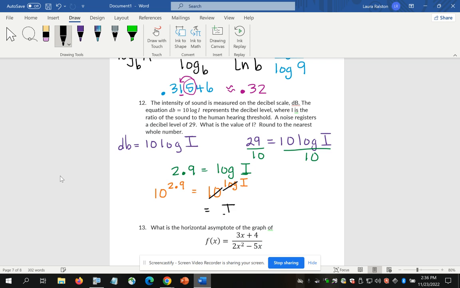So I have I equals 10 raised to the 2.9 power. And then I can convert that to a decimal, or in this case, the nearest whole number.